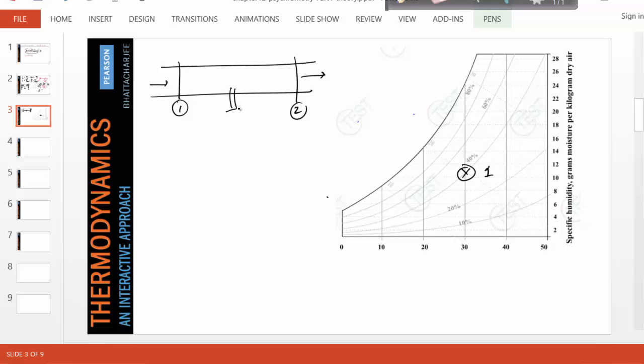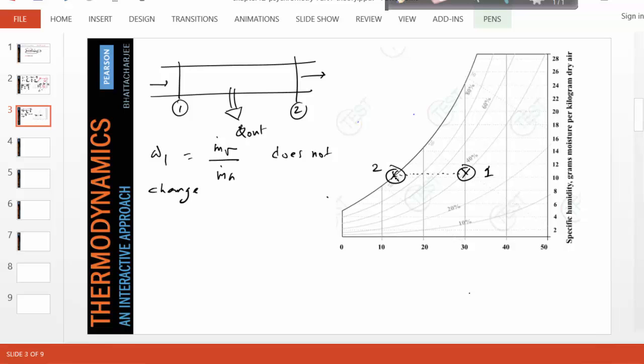So we are taking heat out, Q dot out. As long as there is no condensation, omega doesn't change because the ratio of omega 1 stays the same. So therefore, we keep moving to the left horizontally. Omega doesn't change until the air becomes saturated.